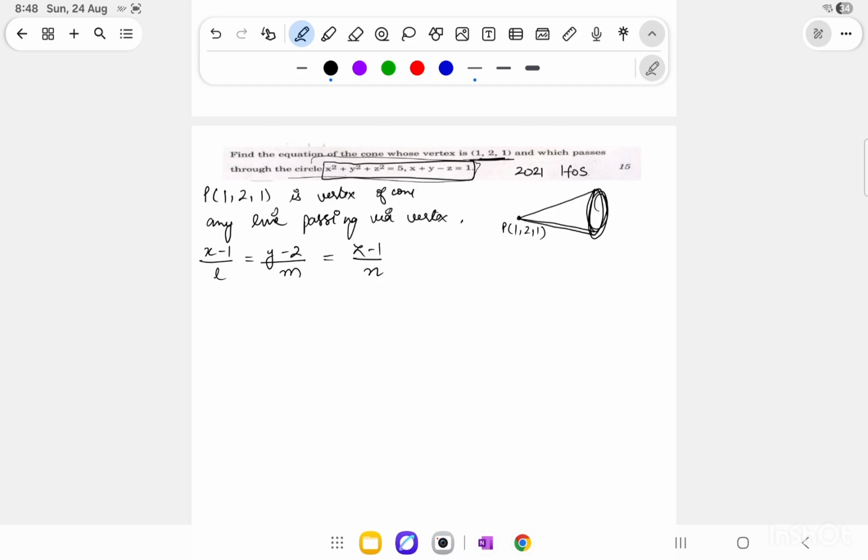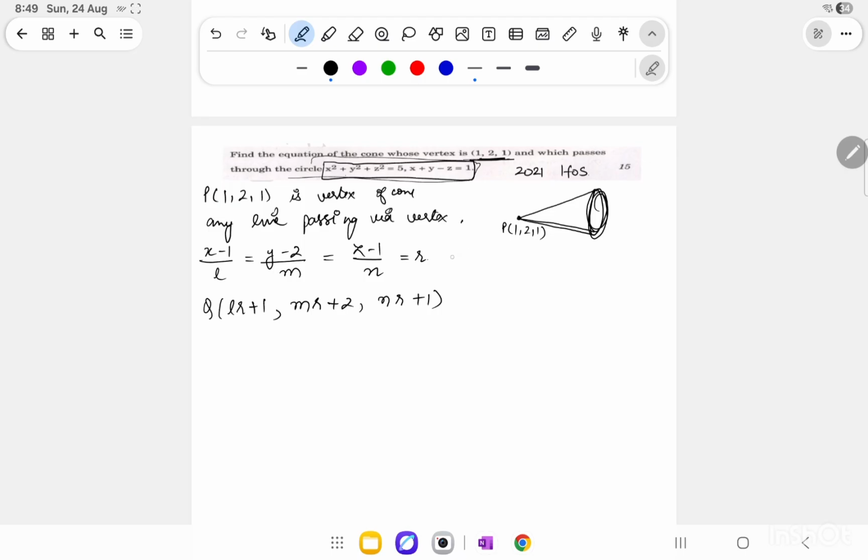Let us name an arbitrary point on it Q. Any arbitrary point will be lr plus 1, mr plus 2, nr plus 1.